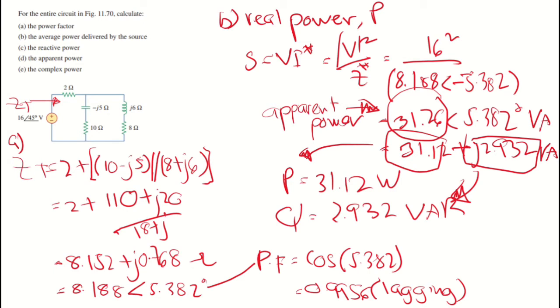So let's look into another question. For the next question, a 120 volt RMS, 60 Hz source supplies two loads connected in parallel as shown in figure 11.89. We need to find the power factor of the parallel combination, and second, calculate the value of capacitance connected in parallel that will raise the power factor to unity.